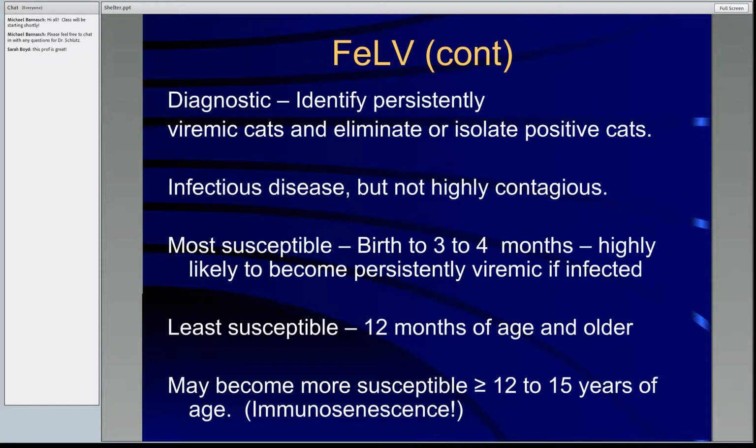Now, the reason we're testing is that we want to know if the animal is persistently infected. In the case of FeLV, you can't do that by looking for antibody. You have to look for the antigen.